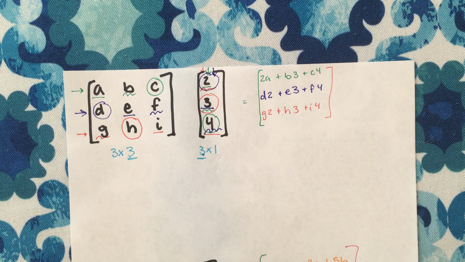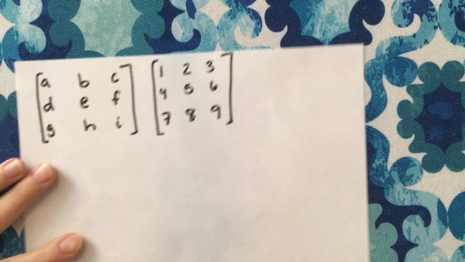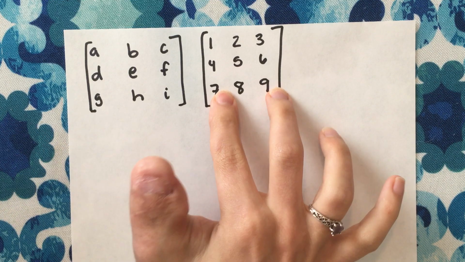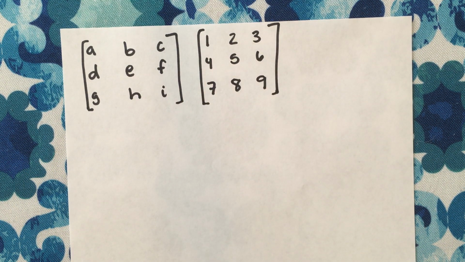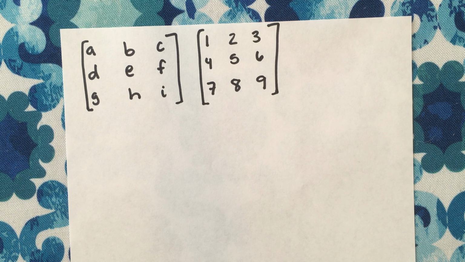Next, we're going to look at a bigger matrix, so a 3 by 3. Again, I still kept with doing letters times numbers. Usually you would have numbers and numbers, but the letters help you to see and understand the pattern a little bit better. So this time I'm going to need all of my color markers to do this one.